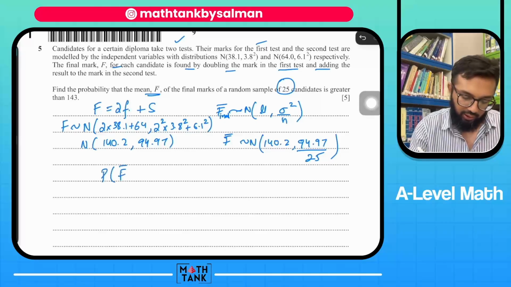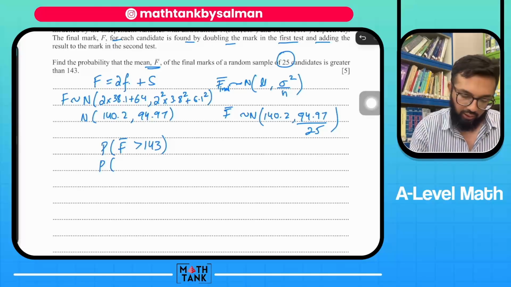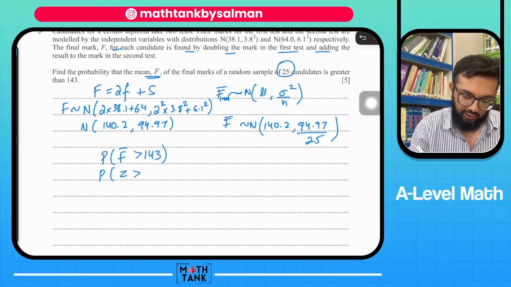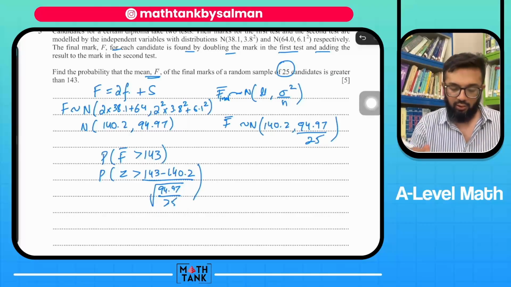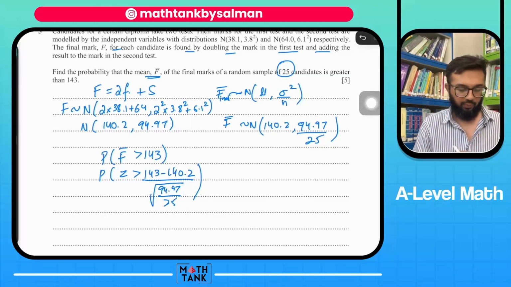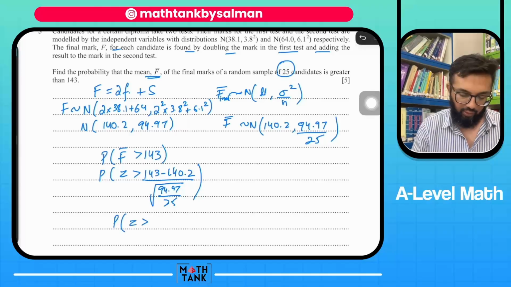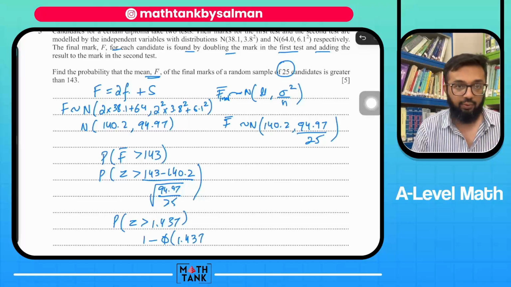What is the probability that I want? I want F bar to be greater than 143. Okay, F bar to be greater than 143. So Z is 143 minus 140.2 divided by root of 94.97 divided by 25. Okay, 1.437. 1 minus the probability for 1.437.